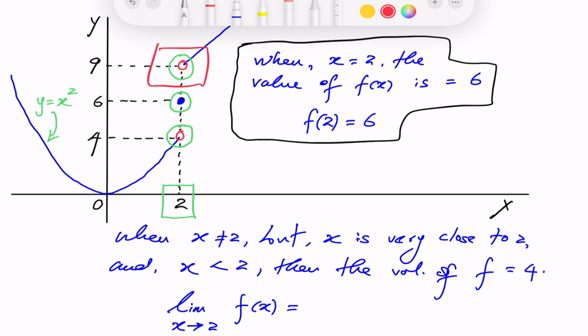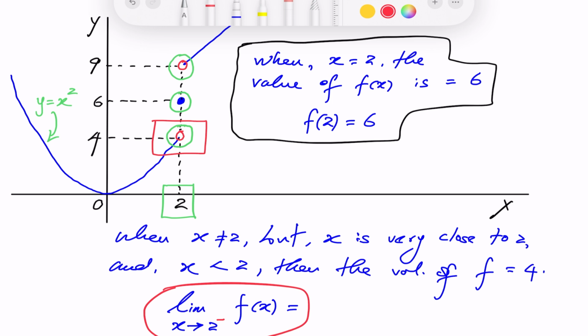One is right here, the other one is right here. So we have to separate those two cases. Now for this one, I'm looking at the point 2, 4. That will be the value of f if your x is very close to 2 but x is less than 2. In order to indicate that, we use a small negative symbol as a superscript with the 2 right here. In fact, this part is called the left-hand limit of f of x at 2.